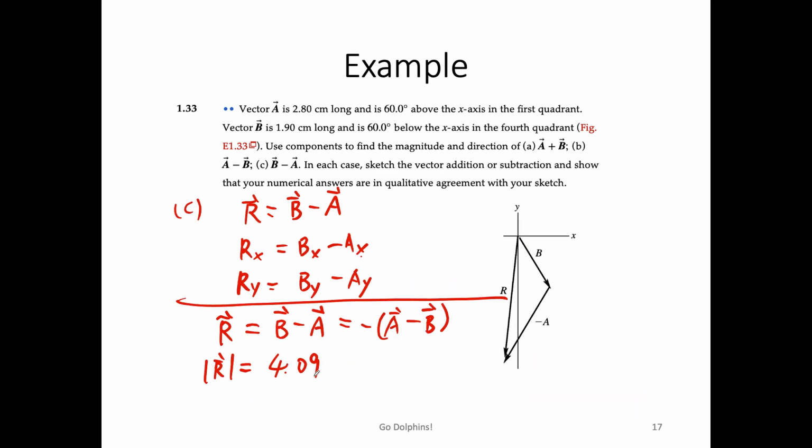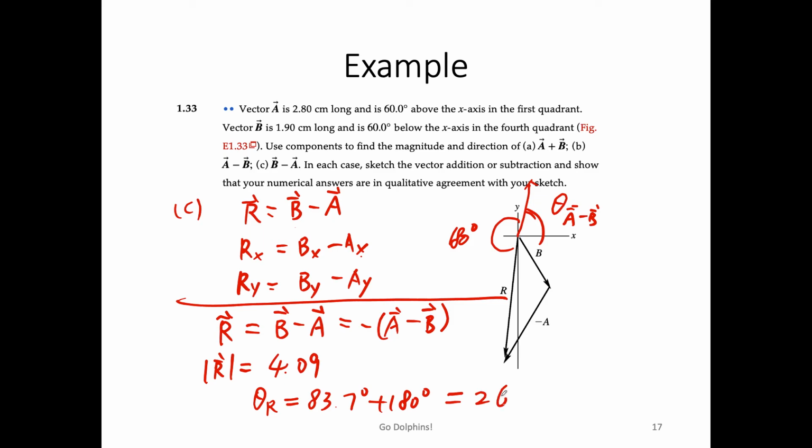So for this one, theta R is 180 degrees different from theta A subtract B. So we should have 83.7 plus 180 degrees to 63.7 degrees.